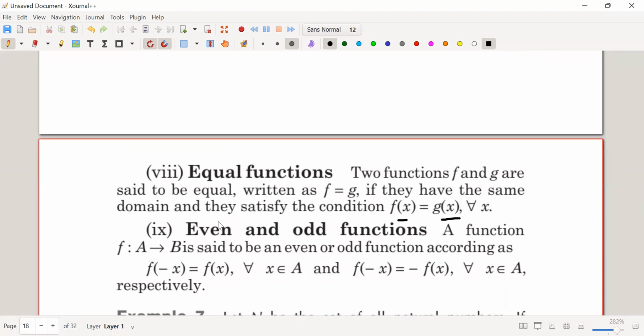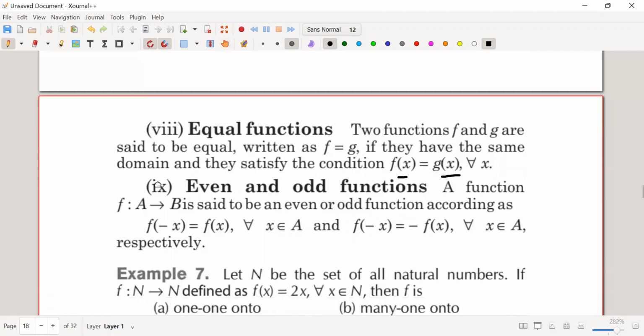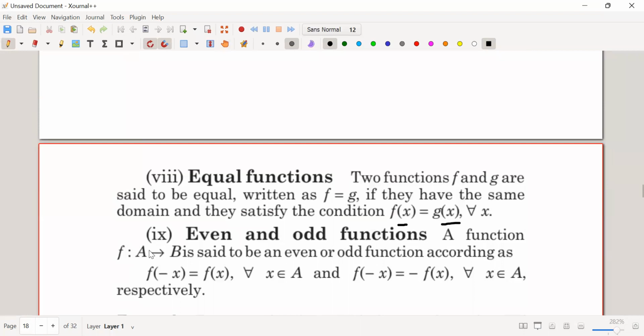Equal functions are the same. If f of x equal to x, then g of x will also be equal to x. Both domains are the same, so we will get the same answer. Just the domains are the same. It's not about how it is getting related. Now we are comparing domains alone.